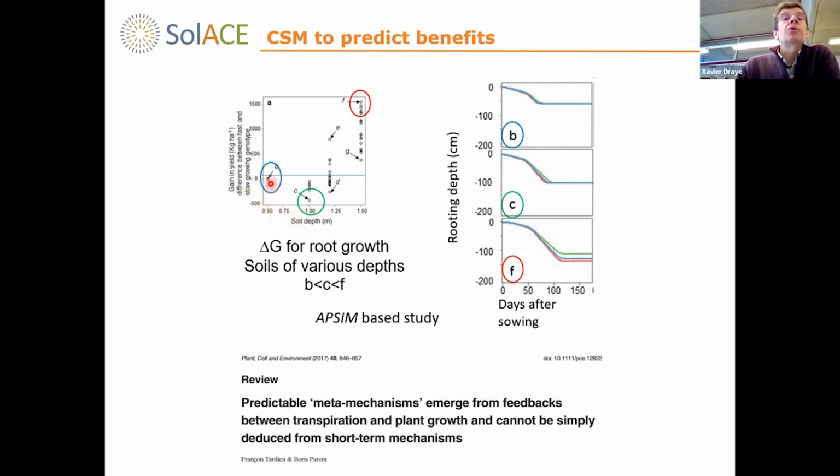In a shallow soil, having a propensity to make deep roots doesn't change anything to the crop. If the soil is 1 meter deep, it has a negative effect, and the positive effect will only be achieved if we have a deep soil. It kind of makes sense, but it was nice to show quantitatively that it can work through this complex model.